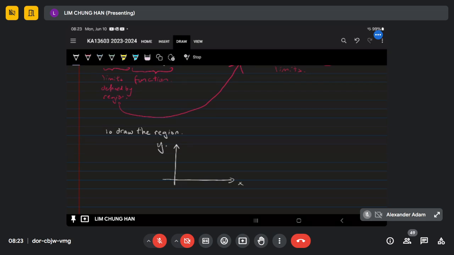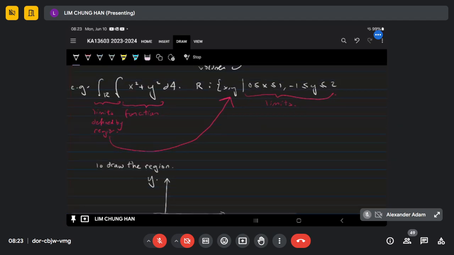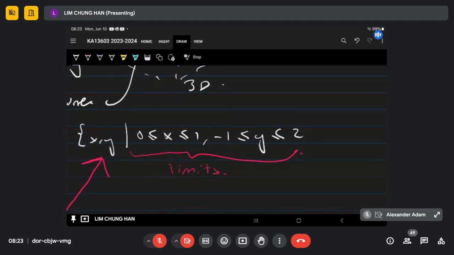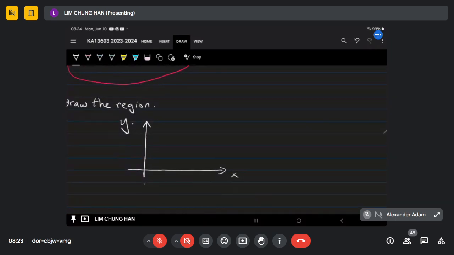The x-axis limit is from what to what? 0 to 1. Correct, very good. From 0 to 1, that is your x-axis limits. What about the y-axis limits?